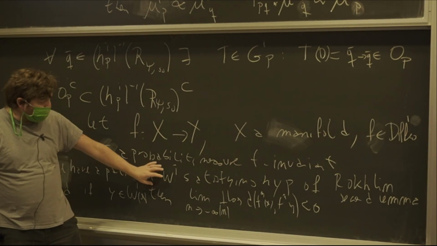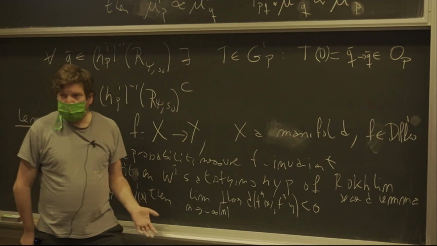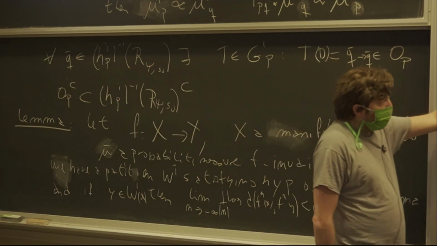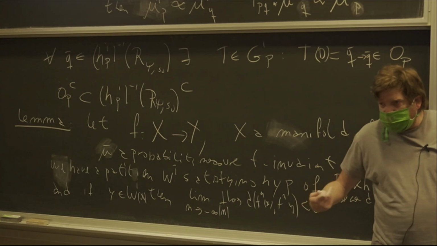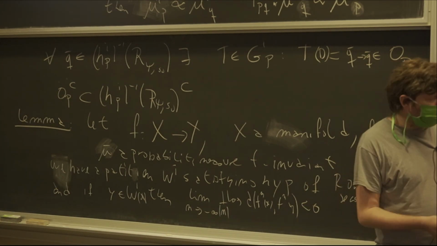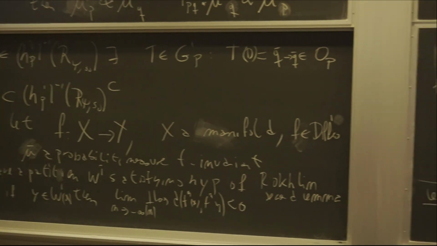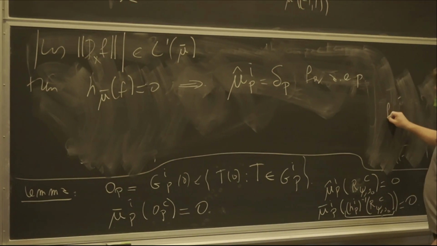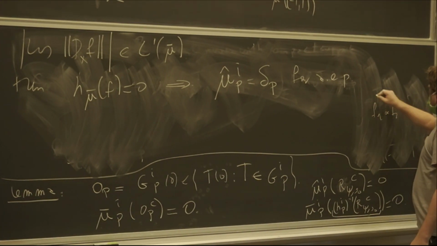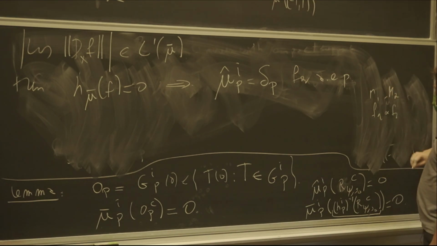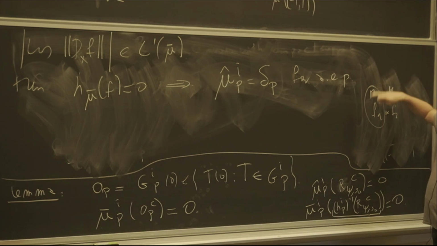Since I'm not assuming that this is the full unstable foliation, it could be that this condition is atomic, but entropy comes from another direction, which is not atomic. Like in a product system, I could take the product F1 times F2, this on manifold M1, this on manifold M2. Here I have a beautiful Anosov system with positive entropy and Lebesgue measure, and here I just put a Morse-Smale north-south pole map with no entropy at all.